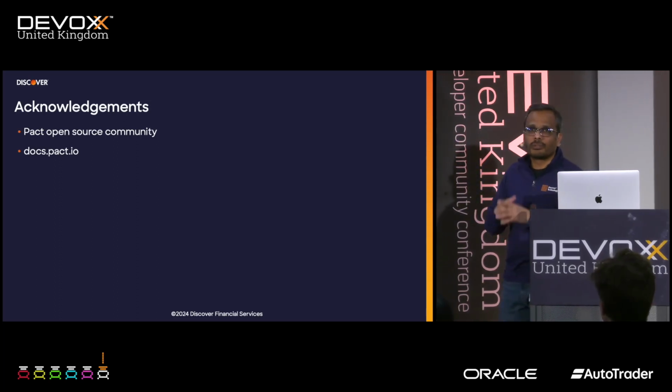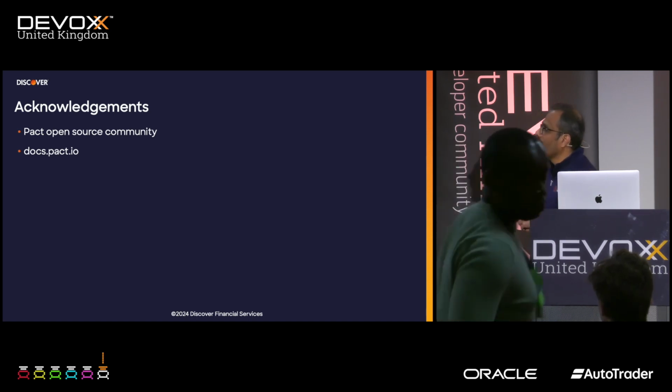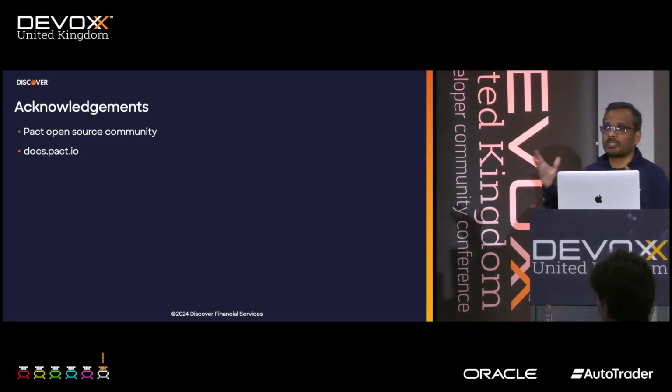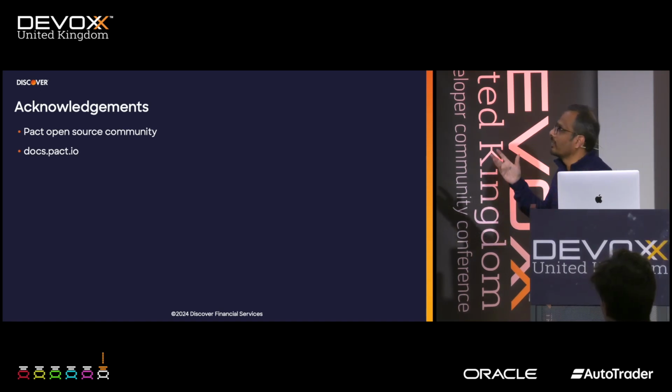It's got loads of useful materials, getting started guides, workshops, working examples for different languages. There's a lot of good stuff there. And plugins, which is a recent development, which I haven't mentioned anywhere yet. So that's a good place to start, docs.pact.io.